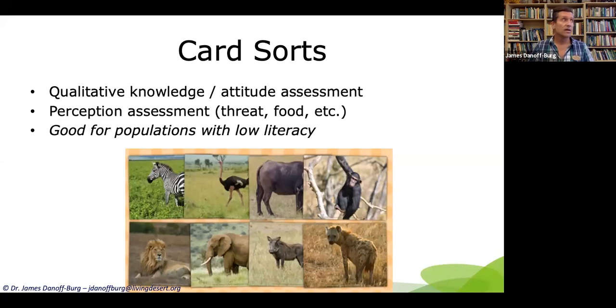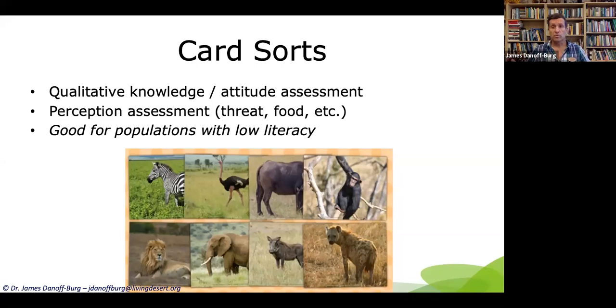They could be of a messy bus stop. They could be a clean bus stop. They could be a bus stop with a lot of people. They could be a bus stop with very few people, what have you, right? So you ask them to rank them from most desirable to least desirable across your table. Note that with this, it's particularly useful for populations that have low literacy rates.